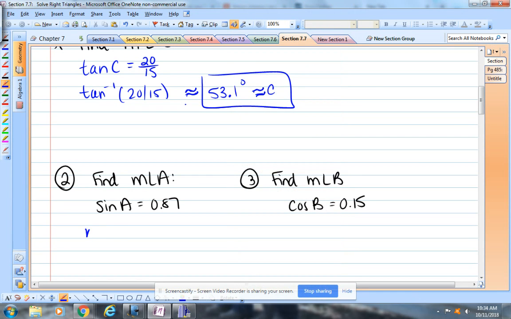So the measure of angle A is approximately 60.5 degrees. Y'all see how we did that? We just hit second sine, 0.87. So you do the inverse function to find angle measures.